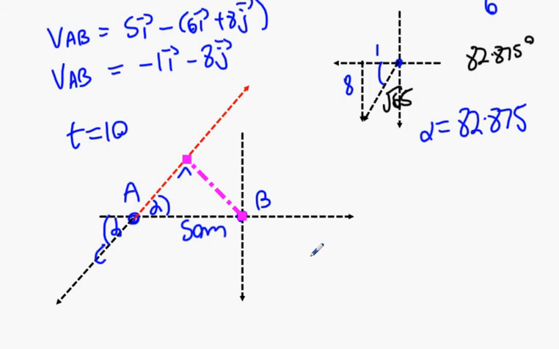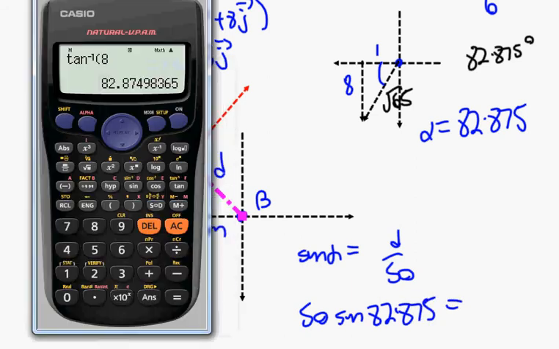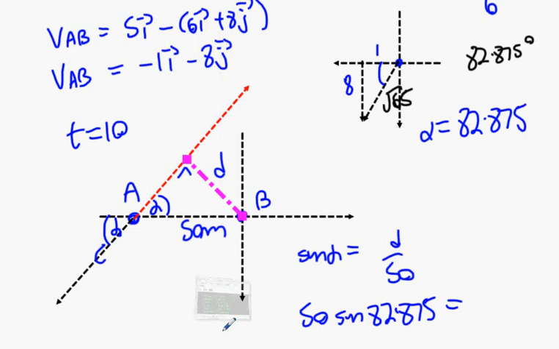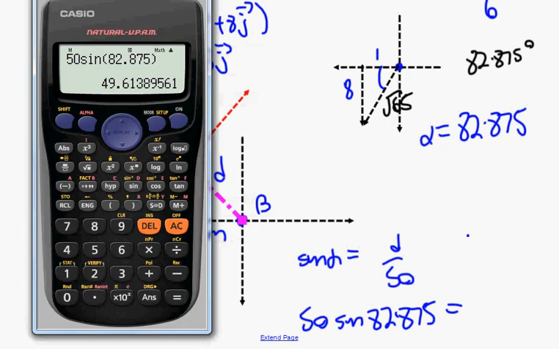The opposite side, therefore, is sine alpha equals our closest distance over 50, equals 50 sine 82.875, and what do we get? 49 meters, yeah? 49.61. Okay, so it's 50 sine 82.875, which is 49.6 kilometers.